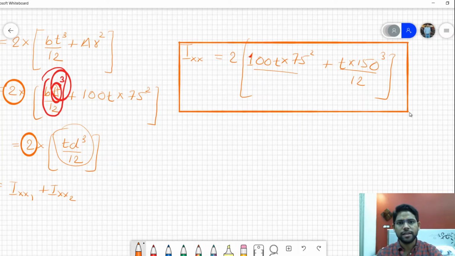Now once you have all the values, you can very easily find out the bending stresses which are developed in the weld. This will be equal to Mb multiplied by y, the distance from the neutral axis, divided by Ixx.